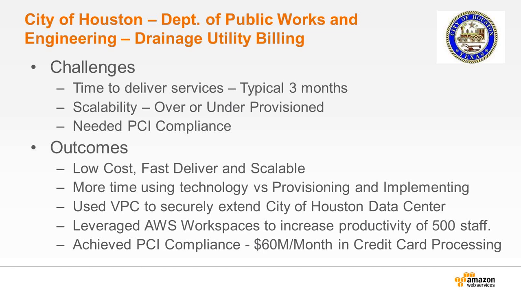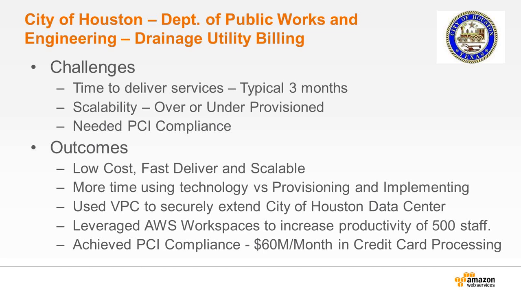Oftentimes we find that we're either over or under provisioned, either not serving our customers well or over provisioned and overpaying for the infrastructure. They also needed to be PCI compliant because they're processing $60 million a month in credit card processing. The outcome here: able to do that at low cost, being scalable and fast delivery.